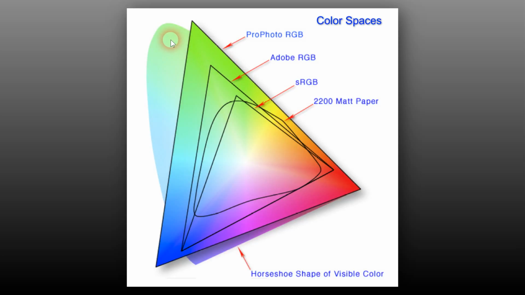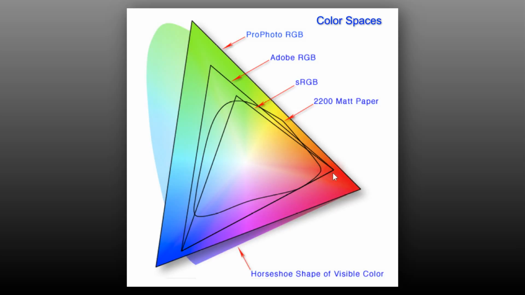And you can see it's only a small area of the potential colors and shades in nature. As technology advanced, it could then encompass more colors and tones, and so a color space called Adobe 1998 RGB was created. And in more recent years, a ProPhoto RGB color space has been created that encompasses virtually all the colors and tones available in the natural world.